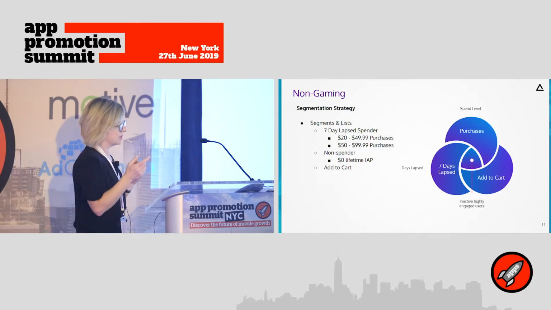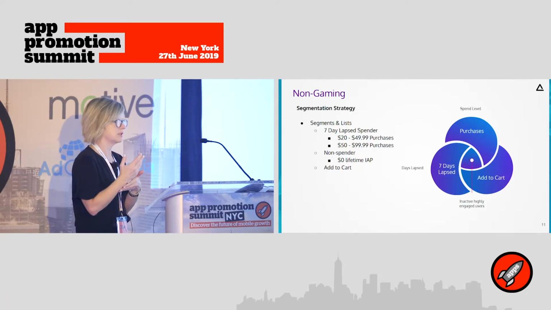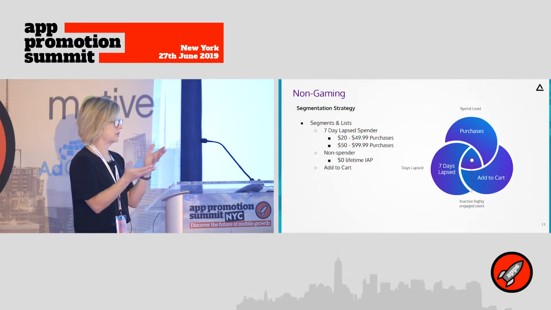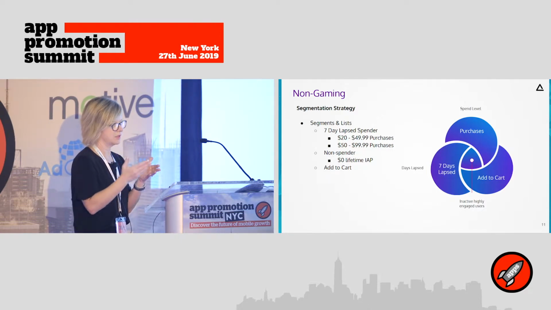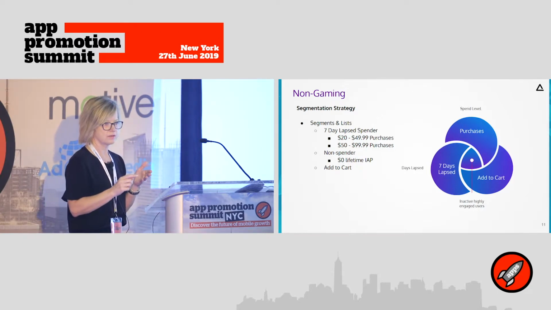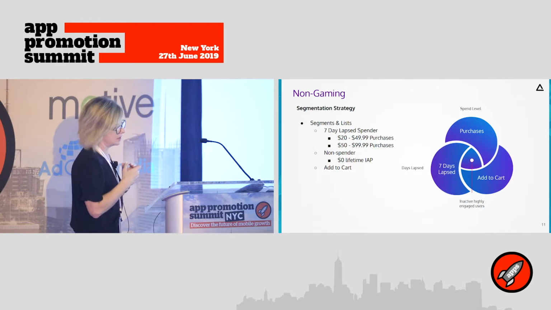So I'll show you in a second how we can actually ingest product feed now, much like desktop, where we can say, hey, you actually looked at these items, you put them in your cart, and now you're gone. And so with programmatic, I can send them an ad in in-app inventory, that could be video or whatever, that says, hey, you left this stuff in your cart. So this is actually happening, and we can address that in the segment and in the creative.